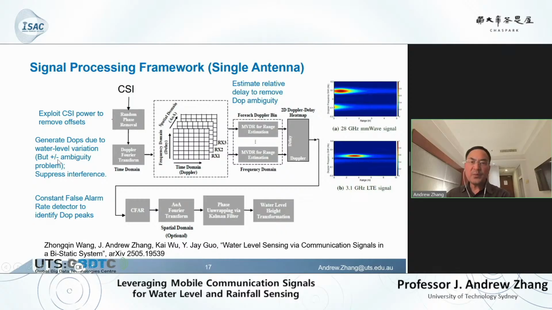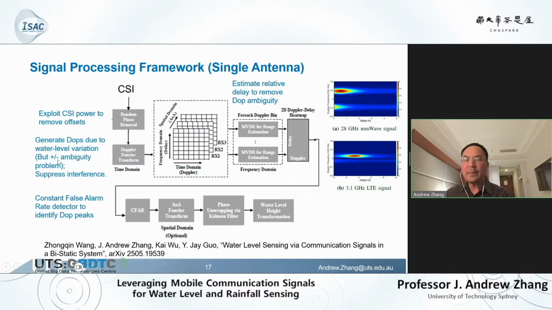At the same time, we will use techniques to suppress interference. In particular, here we use the MVDR technique, the minimum variance distortionless response estimator, for range estimation and interference suppression. Then we can get a 2D Doppler-delay estimate, or heat map.